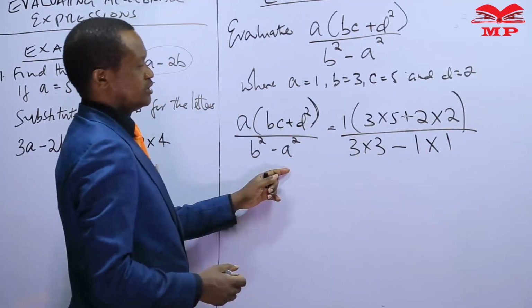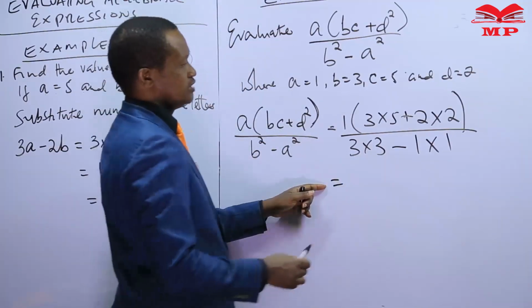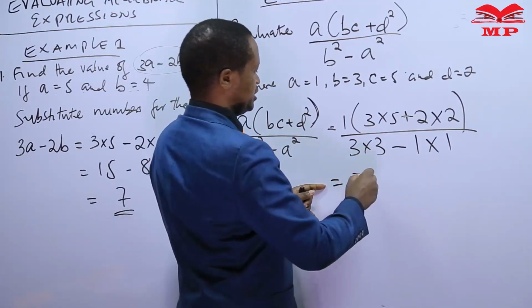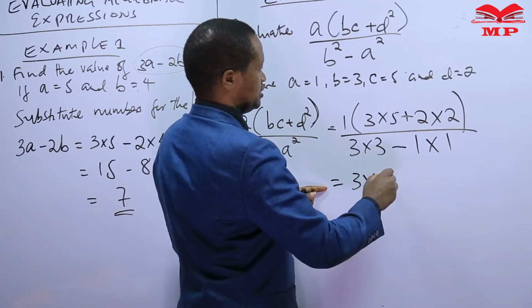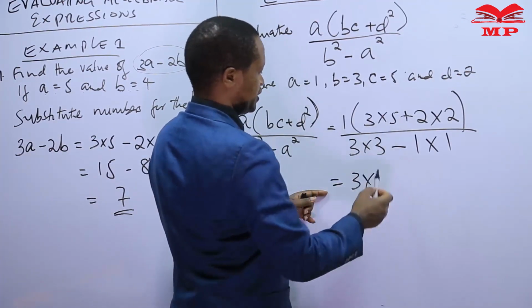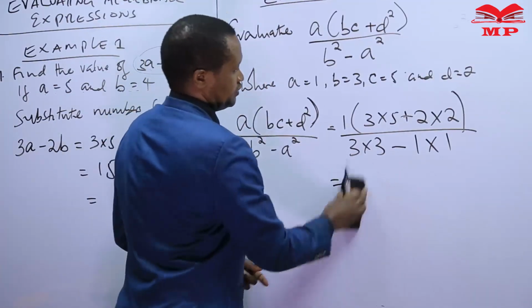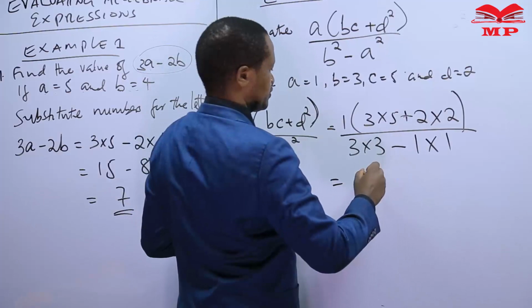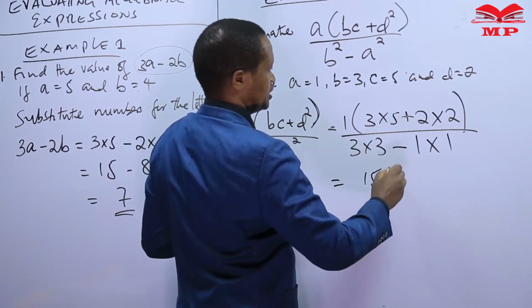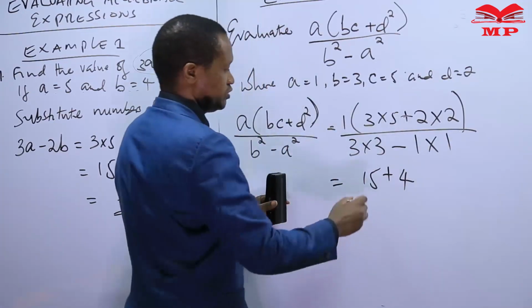This simplified further gives us 3 times 5. 3 times 5 is equal to 15, plus 4. 2 times 2 is equal to 4.